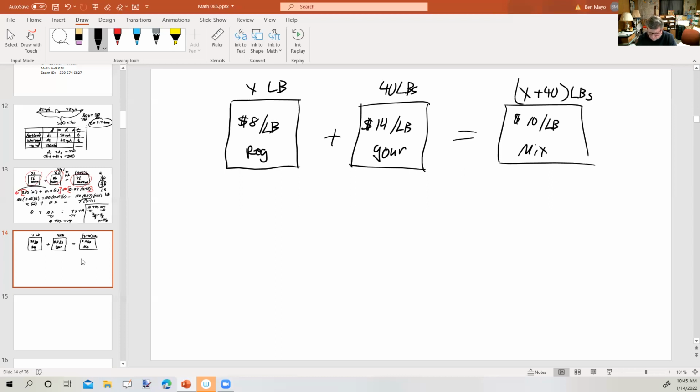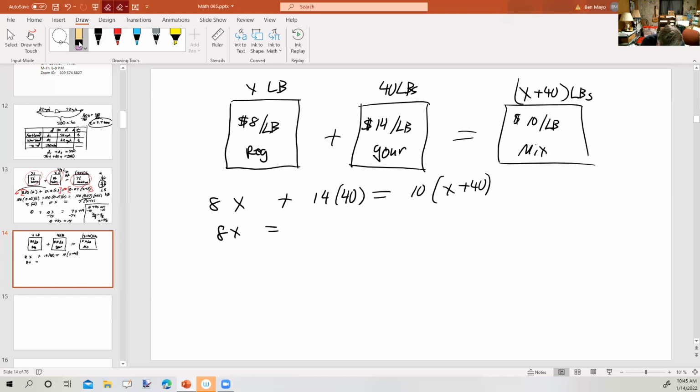Okay. So my equation becomes 8X plus 14 times 40 equals 10 times the quantity X plus 40. 14 times 40 is, oops, that shouldn't be an equal sign.